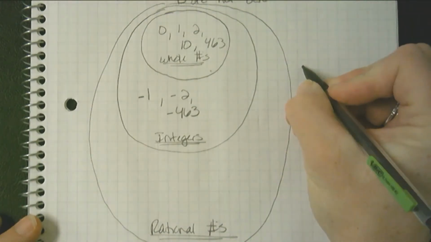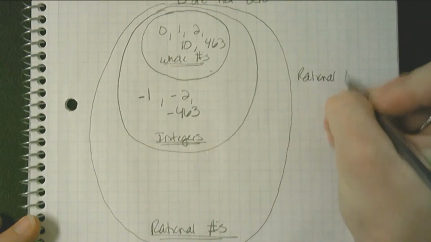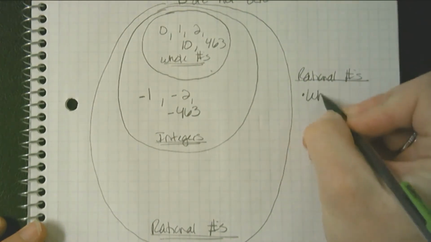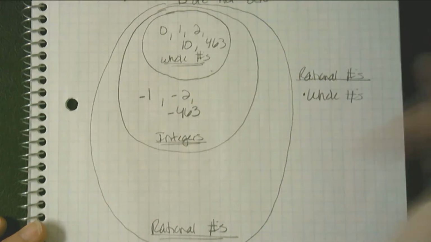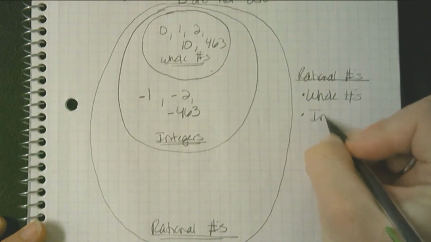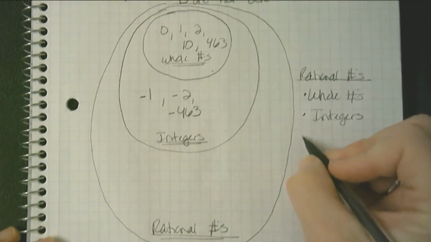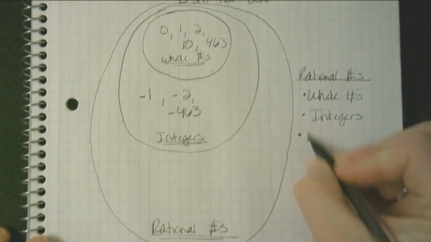So I'm going to write off to the side here, rational numbers. So they are your whole numbers, they are integers, which technically are your whole numbers. What numbers are not included in the current numbers we have here? Fractions.